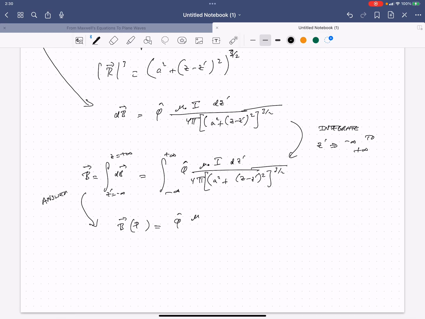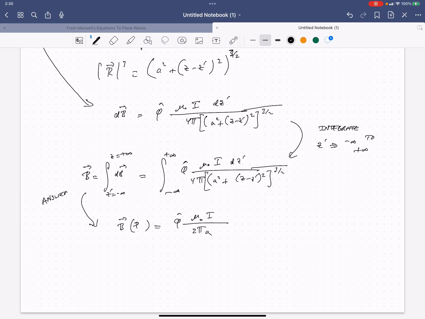So it's in the cylinder, using the right hand rule: if the current is going in the direction of your thumb, you get the magnetic field in the direction of the rest of your fingers using the right hand twist rule. That ends up being mu naught I over 2 pi A.